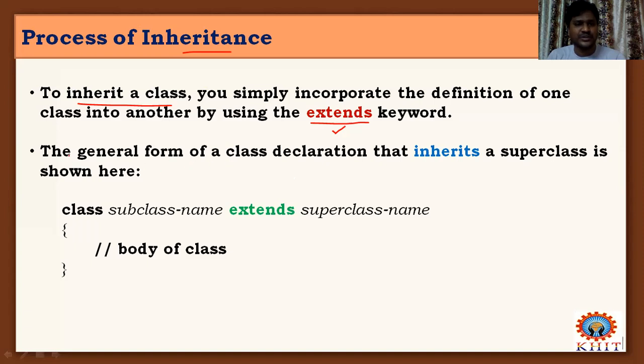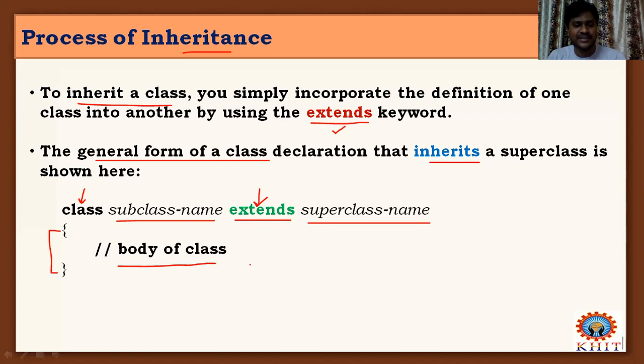So coming to this, the general form of a class declaration that inherits a superclass is given here. The syntax is first the class keyword followed by the subclass name. That means we are creating a new class called subclass, and that extends, not extend, the extends keyword followed by the superclass name, and this subclass has its scope and body.